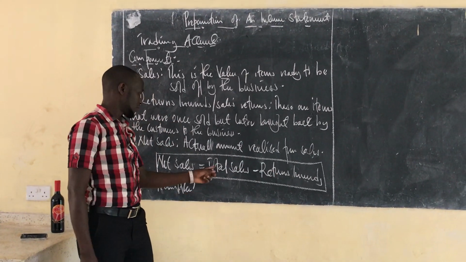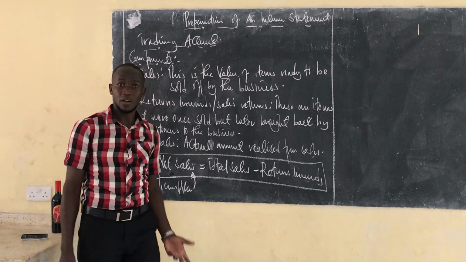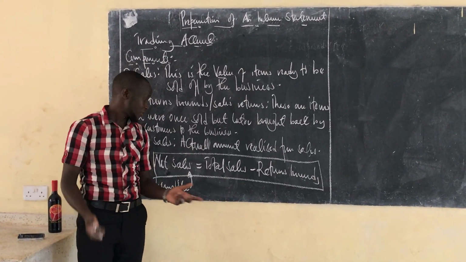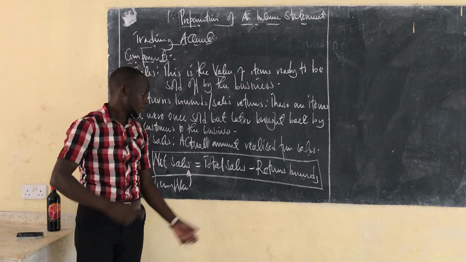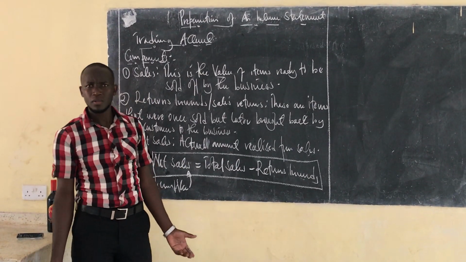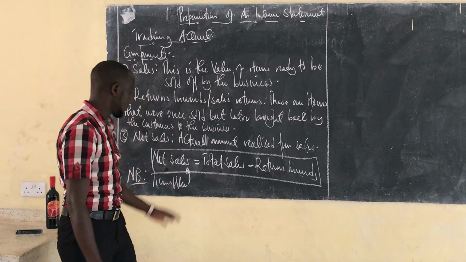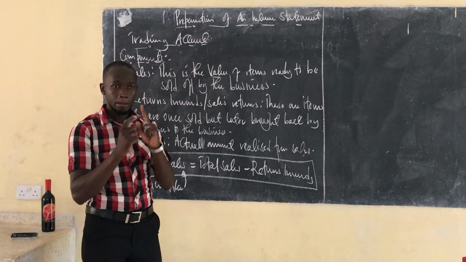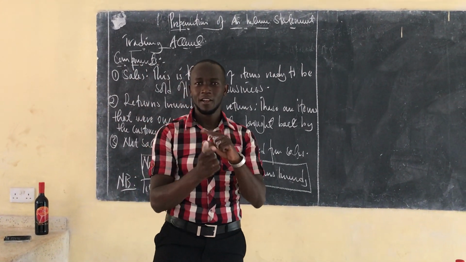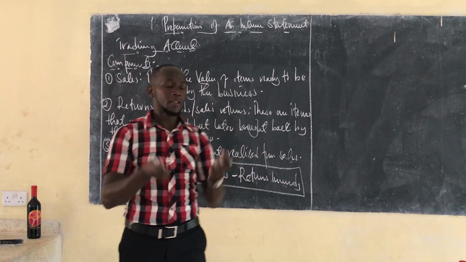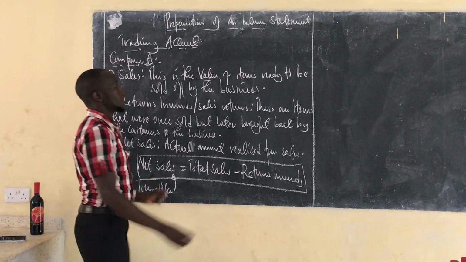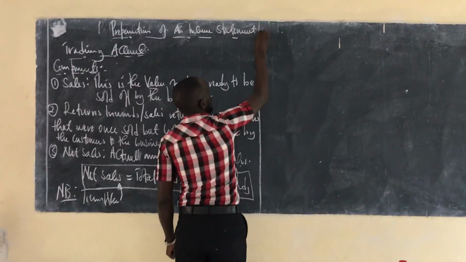A question doesn't have sales, but somebody wants turnover, and yet I've said turnover is the same as net sales. Imagine a question without sales, a question without return inwards. How do you go about it? So I'll give you an alternative formula after telling you the other definitions of other components that come up with the formula that I'm yet to give. Now the third component.